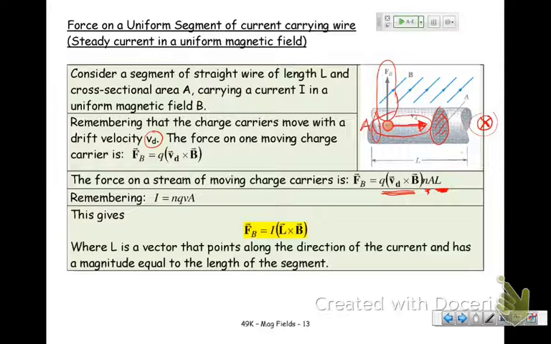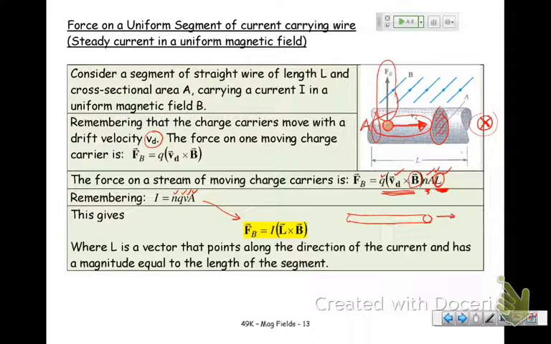So substitute in, and we have an N, an A, a Q and a V. That leaves me my L, and it leaves me my B. And so with a little bit of sleight of hand, I give you that F_B is equal to I L cross B. L is the length of the wire.